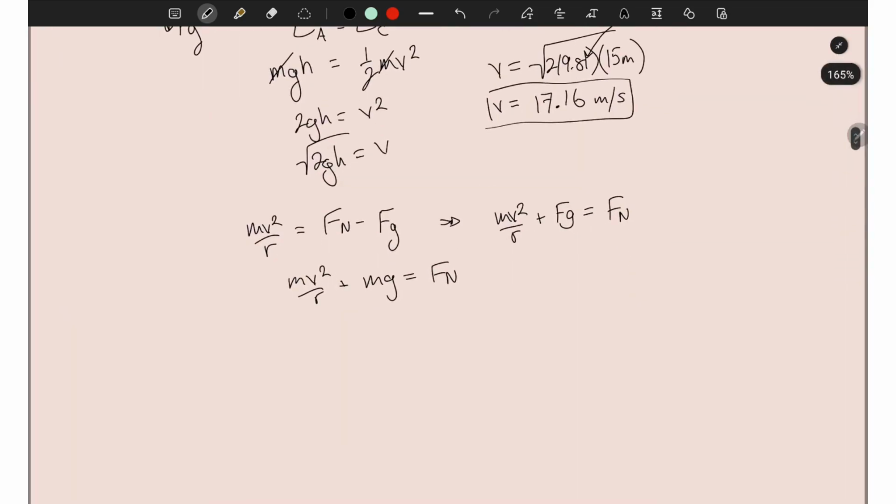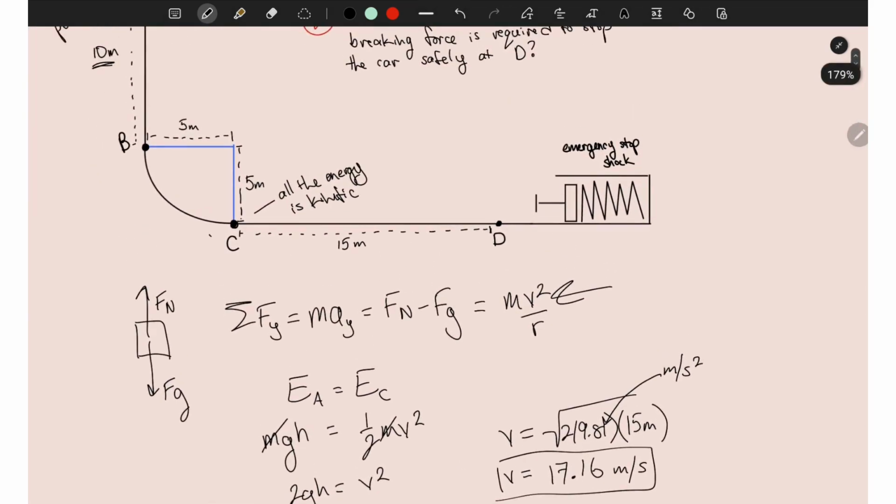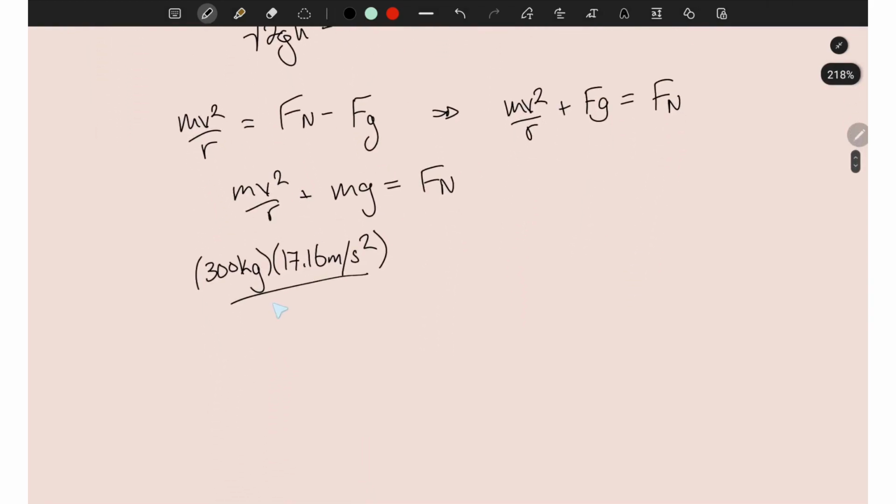So now, let's plug in some numbers. The mass of our cart was 300 kilograms. Our velocity is the 17.16, squared. And our radius, if we have a look here, this portion of the trajectory is the portion that is undergoing centripetal motion, and you can see that the radius here is 5 meters. So that's the value that we put in for our radius, 5 meters.